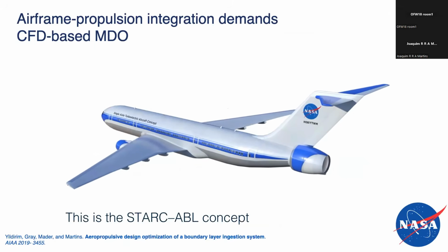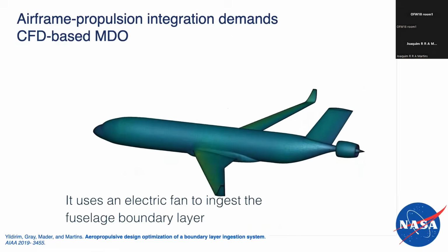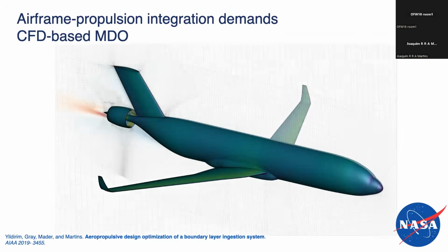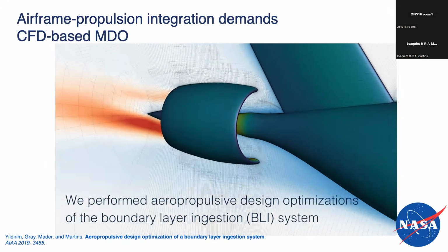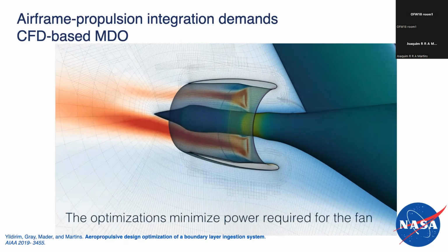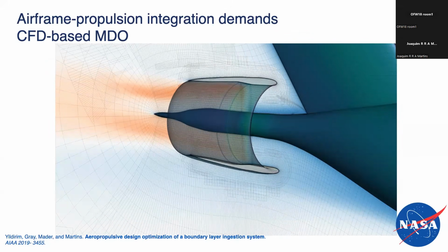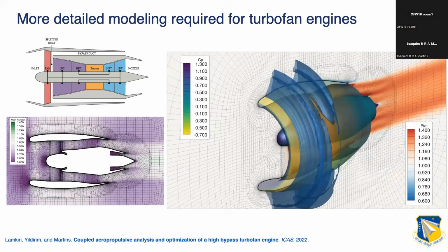With MPhys, we're able to solve air-propulsive integration problems like this STARC-ABL configuration from NASA, which has an electric propulsor in the tail to ingest the boundary layer and increase the air-propulsive efficiency. And here we are optimizing the shape of that nacelle and the tail cone simultaneously with the propulsor parameters. Not just that, we actually evolved to turbofans.